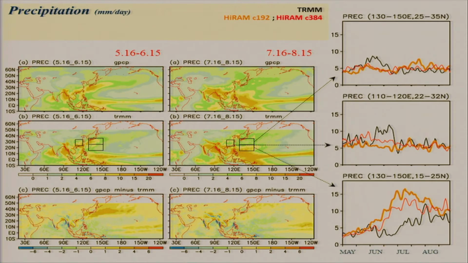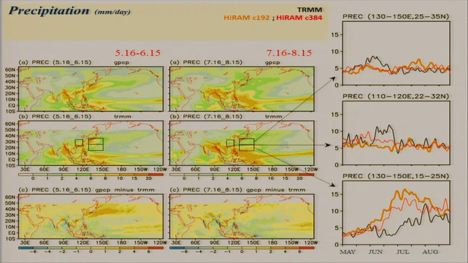Now I show you the model output from the HiRAM 50 kilometer and 20 kilometer. I will show you the correlation coefficient later, but here you can see the general time series of the HiRAM simulated precipitation. Particularly for East Asia precipitation, the model cannot reproduce the current climate well over the East Asia region, as well as over the WNP, with HiRAM at either 20 kilometer or 50 kilometer resolution.